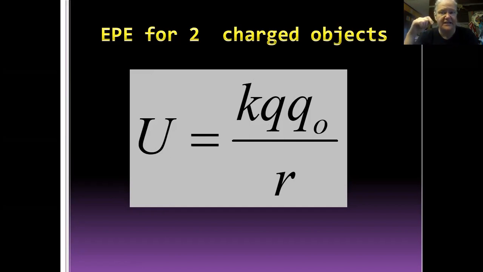I don't have the magnitude signs here because I need the signs of the charges now to get the right amount of potential energy. If I have a negative charge, I need to include that negative sign in my calculation. But this is just a regular old potential energy measured in joules, just like any other potential energy. So it's not any different once you get through this calculation.